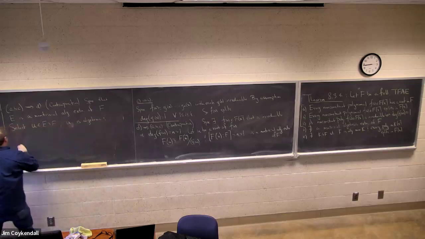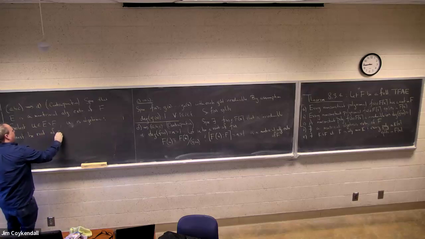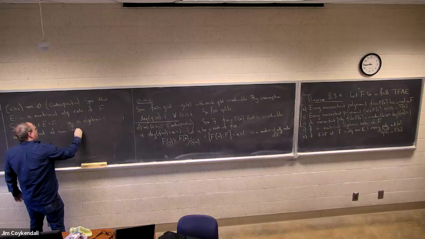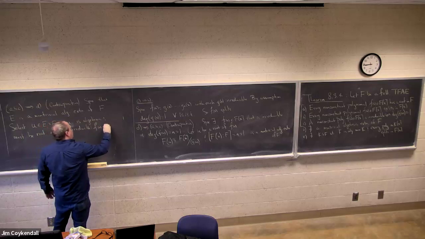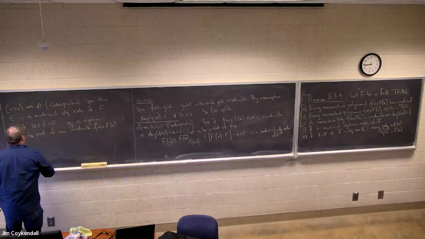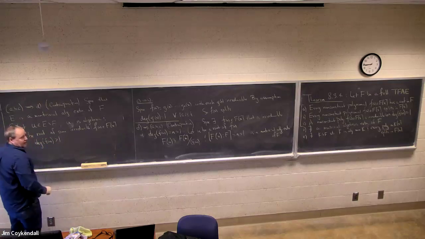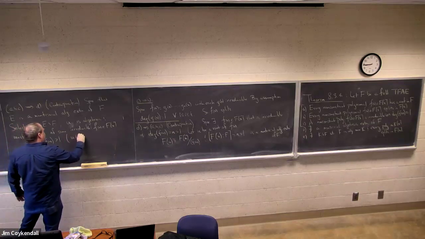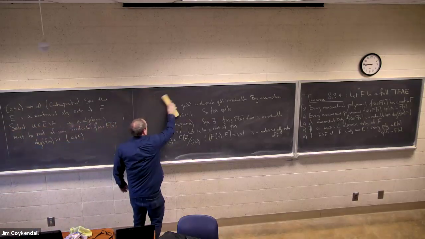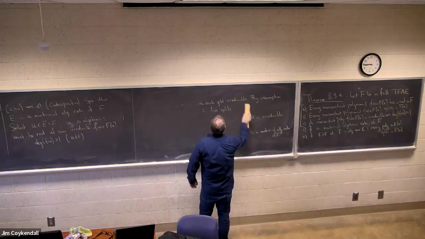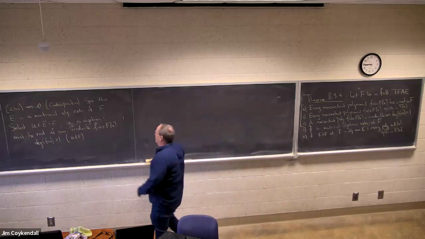And the minimum polynomial must be a root of some irreducible f of x, and the degree of f of x must be bigger than one, since u is not in F. Right? And that's key. And this implies, and so there's what you want.